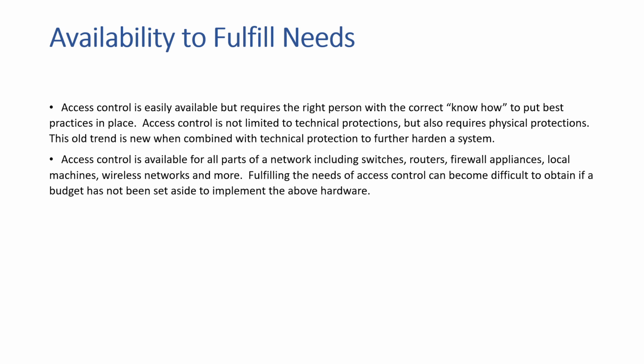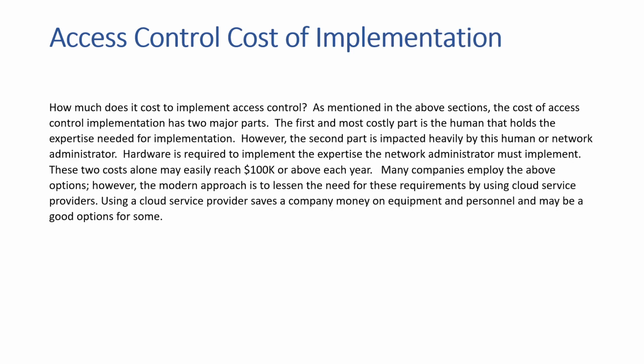Access control is available for all parts of a network, like switches, routers, firewall appliances, local machines, wireless networks, and more. The cost of implementation for access control can easily reach $100,000 or more each year.